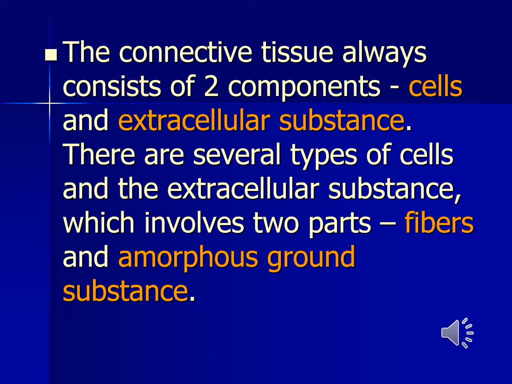This composition is present in all types of connective tissues except blood. In blood, fibers and amorphous ground substance are not present, but there is another extracellular substance, which has the name plasma of blood.